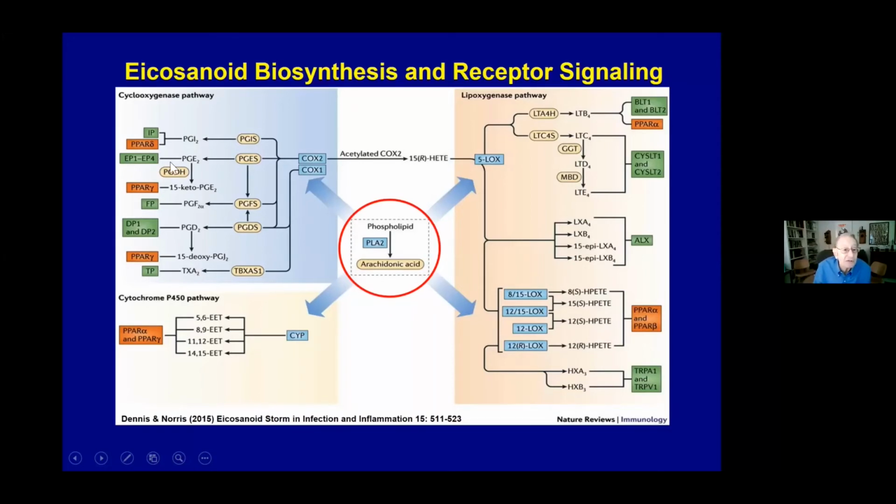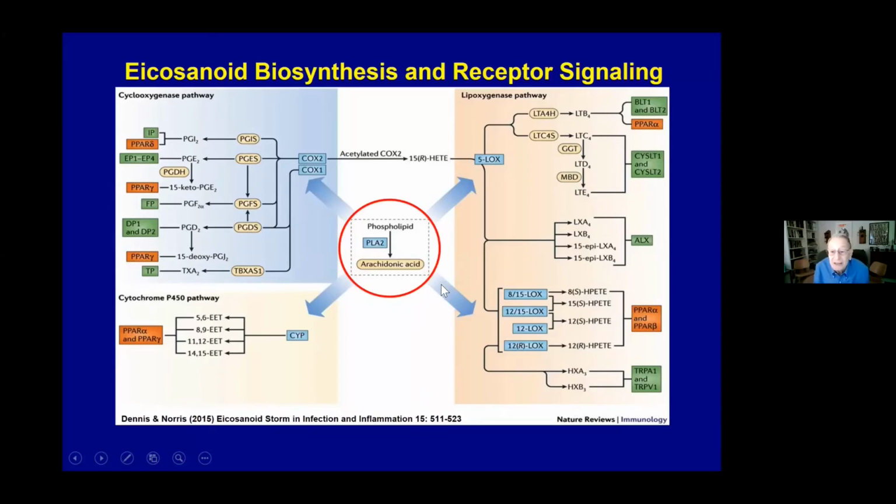And all these prostaglandins have specific G-protein-coupled receptors they activate, which are indicated in green, or they activate various PPARs, which cause transcriptional regulation indicated in orange. Now, this is just one small part of the biosynthesis of icosanoids and related oxylipins, because the arachidonic acid can be used by the so-called 5-lipoxygenase to make leukotrienes and other products that activate a different set of G-protein-coupled receptors or PPARs.